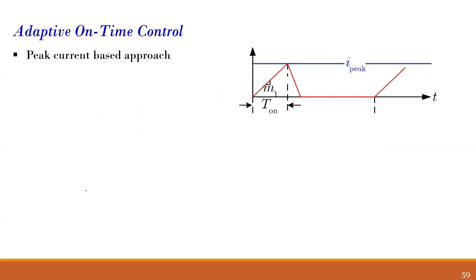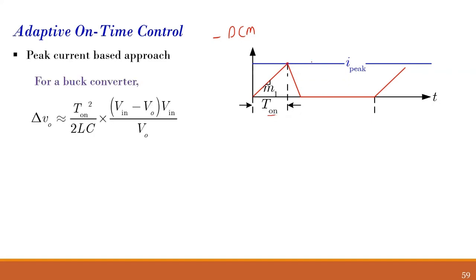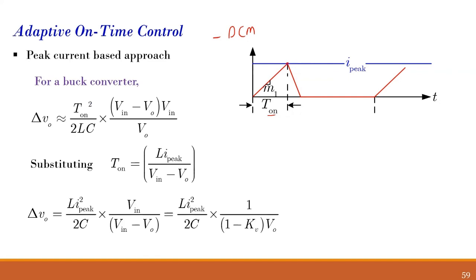Now, in this case, we are considering it operating in DCM. So I have a fixed peak reference. When my inductor current reaches this peak value, that is generating my on time. And this peak reference is kept fixed.